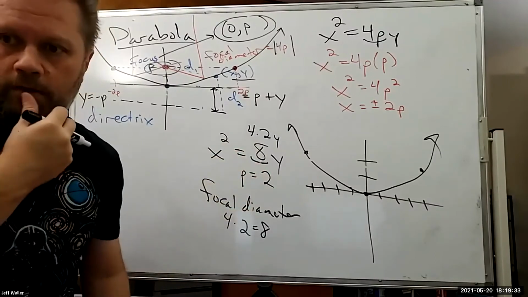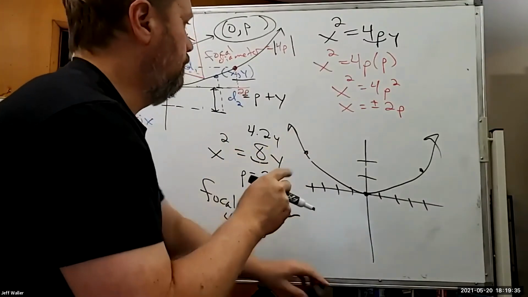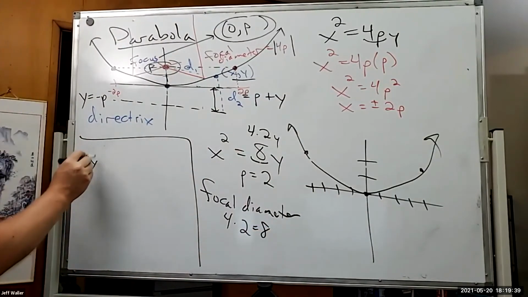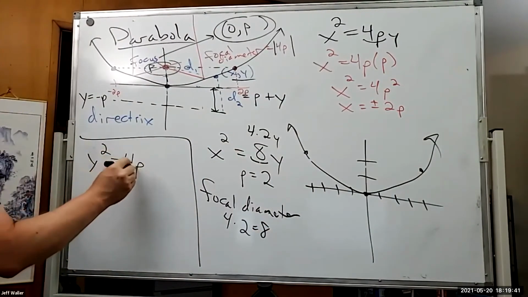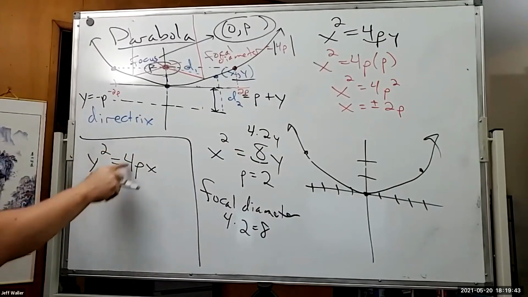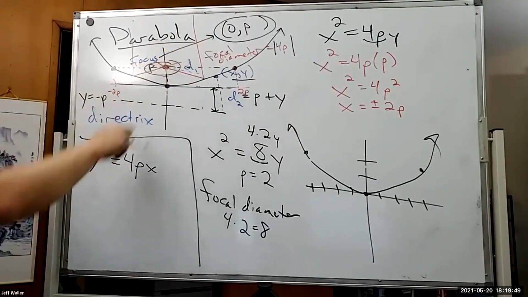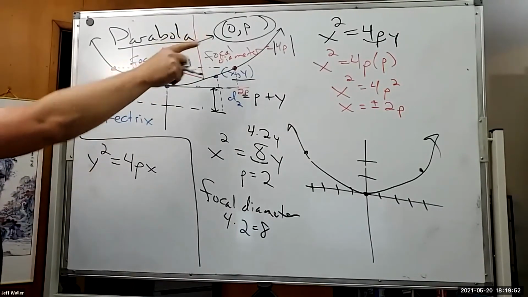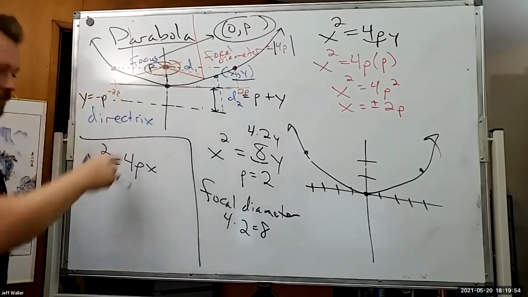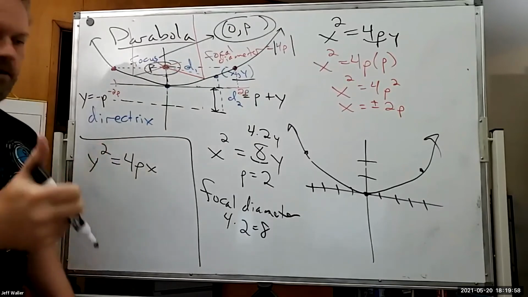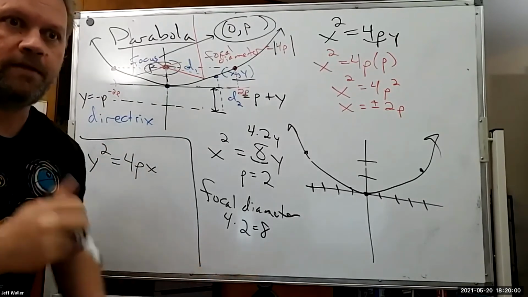All right. So what do you think would happen if it was this? What's the difference between this and the one we were just doing? It's y squared equals instead of x squared. So I switched the x and y. What do you think that's going to do to the graph?